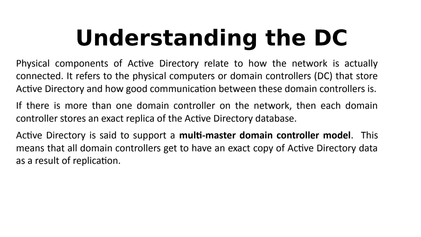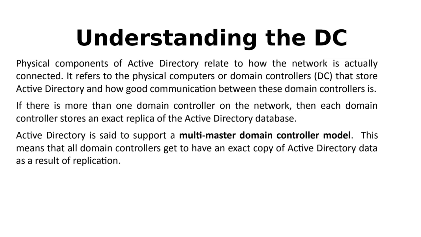Now, when we talk about the physical components of Active Directory, it is about how the network is actually connected, the physical computers or domain controllers that store the Active Directory information in your organization, and how good your communication is in your network. If you have more than one domain controller in the network, each domain controller stores an exact replica of the Active Directory database.